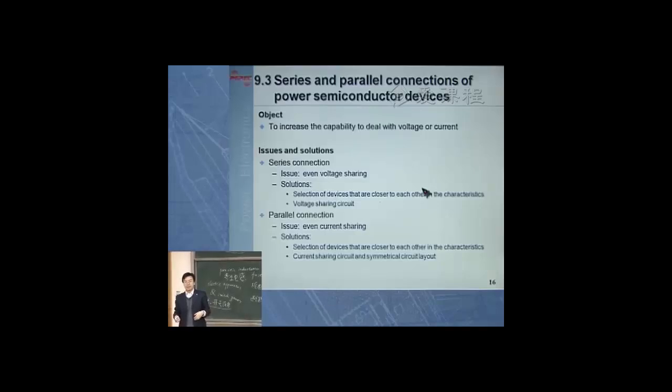So for parallel connection, you have to deal with even current sharing. Those are the two issues you have to pay attention to. You have to take measures to do that. I will not get into details.